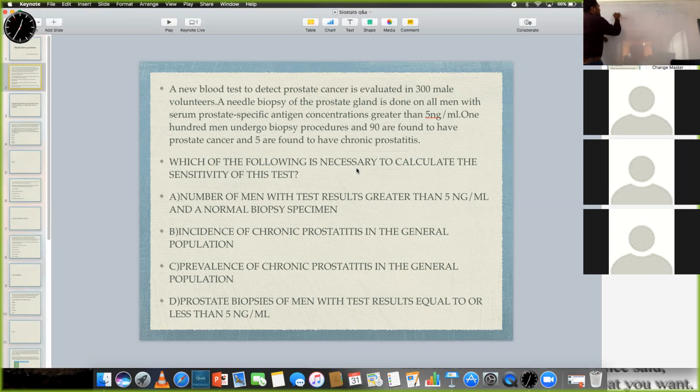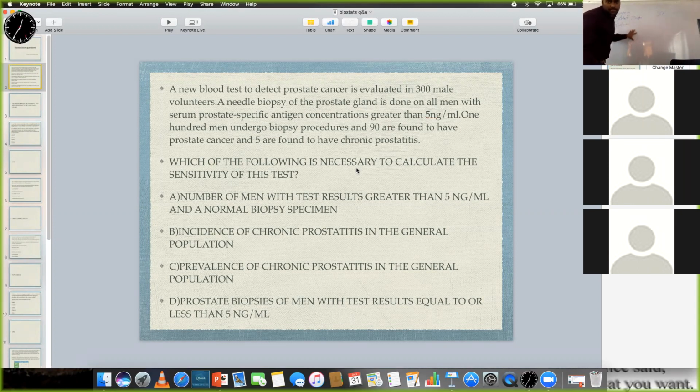People with prostate cancer have elevated levels of prostate-specific antigen. So a value greater than 5 nanogram per ml is suggestive of prostate cancer. It's not confirmatory, but it gives you an idea that probably the patient has prostate cancer. So that is what he's trying to evaluate. PSA greater than 5 nanogram per ml.